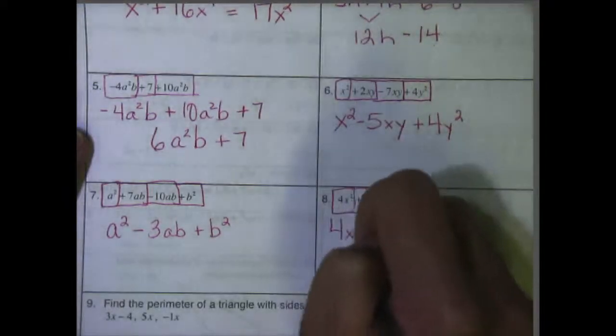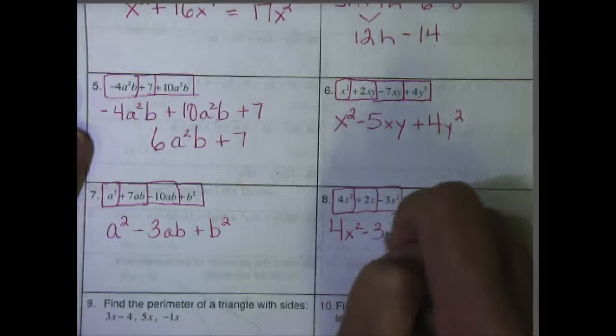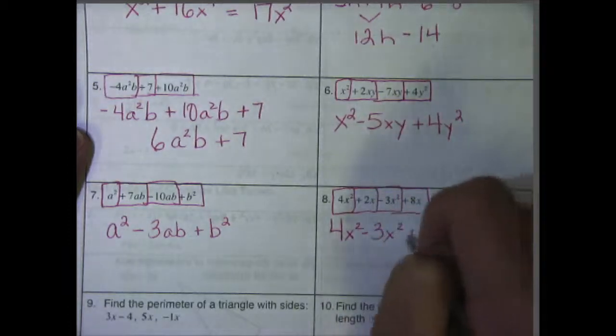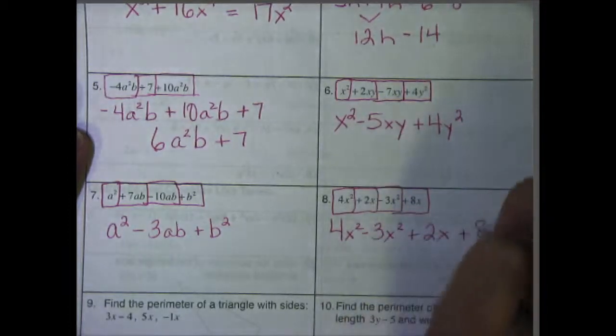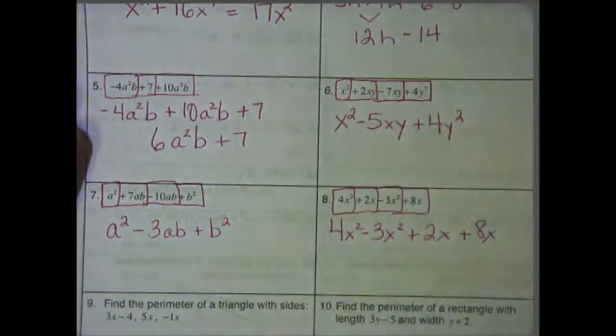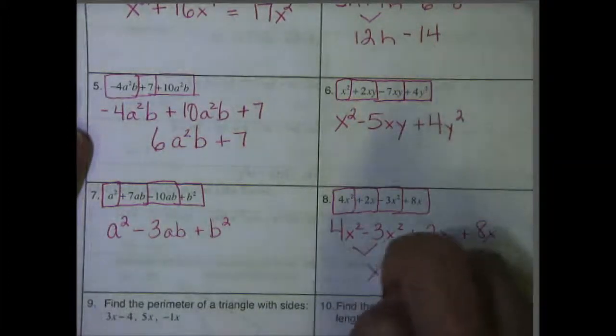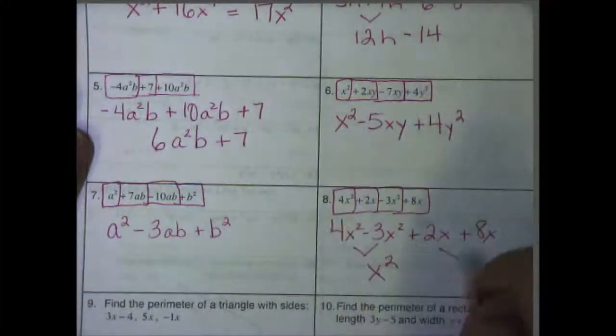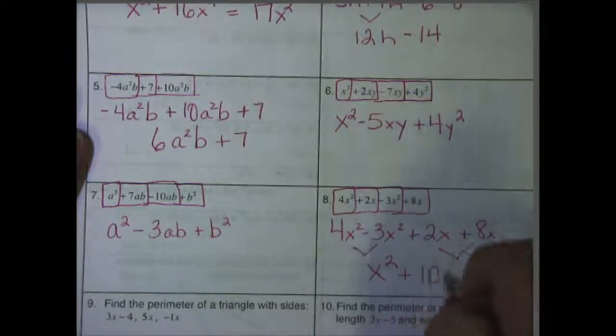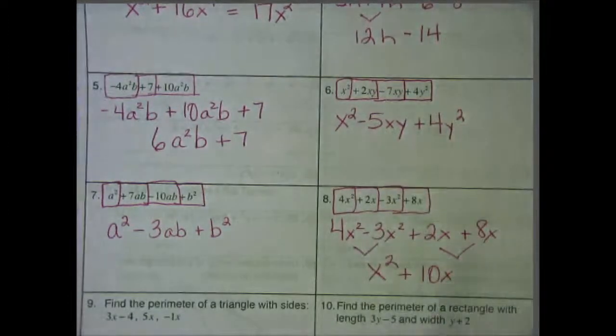So 4x squared minus 3x squared, because it's a negative, plus 2x plus 8x. Once you get this, then you can combine. We'll combine these two. 4x squared minus 3x squared is x squared, and 2x plus 8x is 10x, and that's as far as we can go because they are not like terms, because this one has a power of 2 and this one has a power of 1.